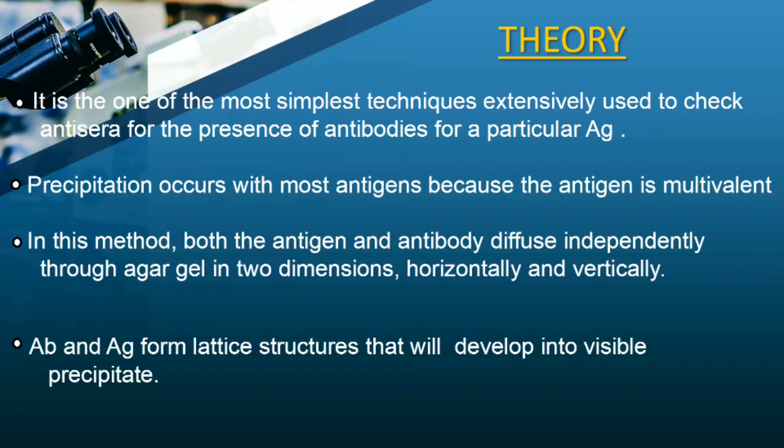Diffusion of antigen and antibody takes place independently through agar gel in two dimensions, horizontally and vertically. Antibody and antigen form lattice structures that develop into a visible precipitate.